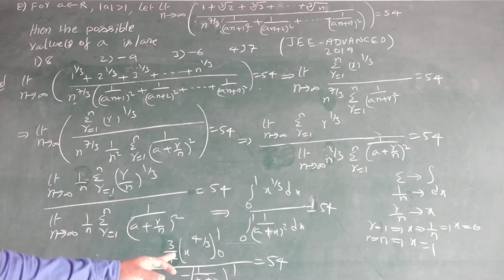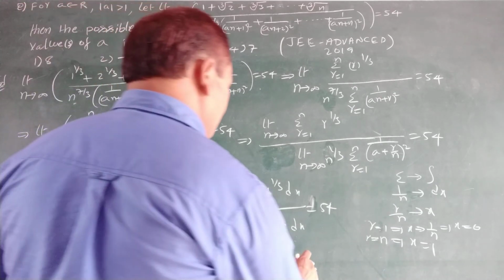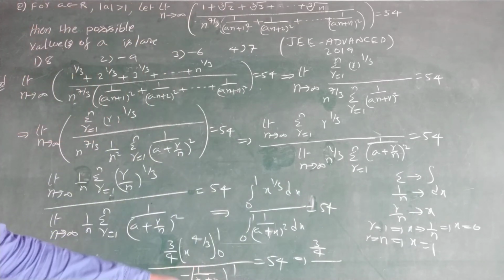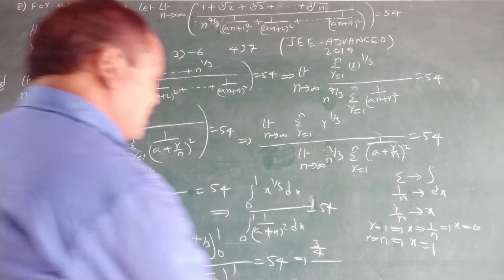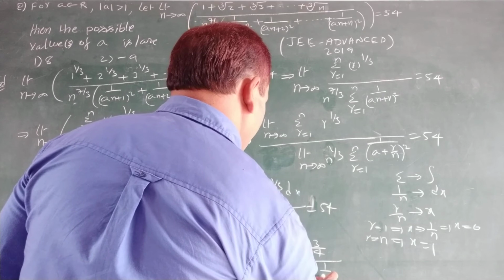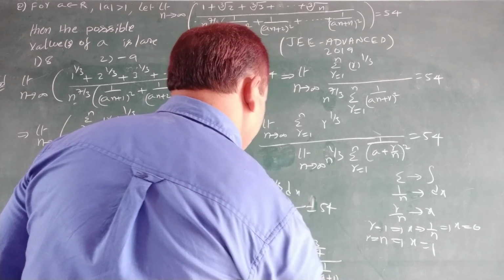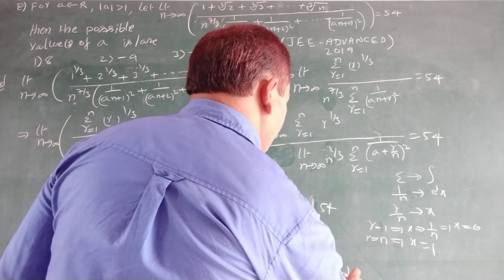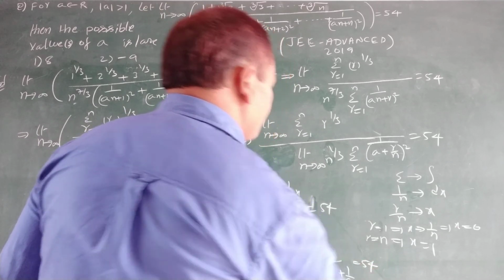Right. Now from this, it is 3/4 divided by, in the denominator, minus 1/(a + 1) plus 1/a, is equal to 54.